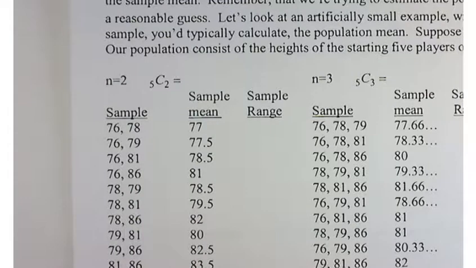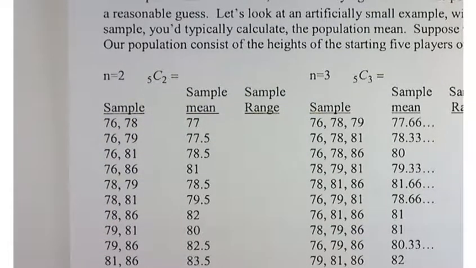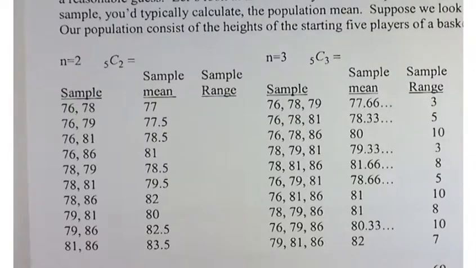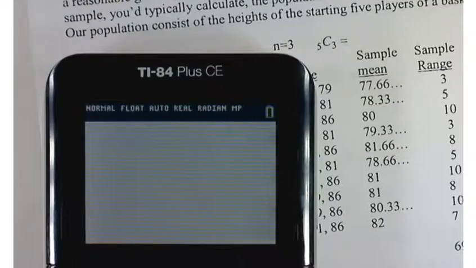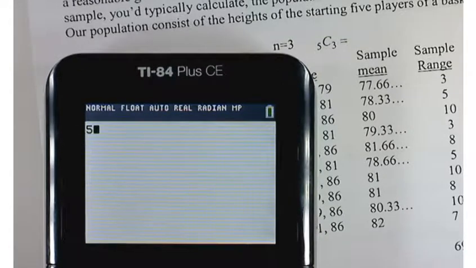You remember how to calculate that? How would you calculate 5 choose 2? Remember that from your calculator? So, well, let's type it. So type in the number 5 first.